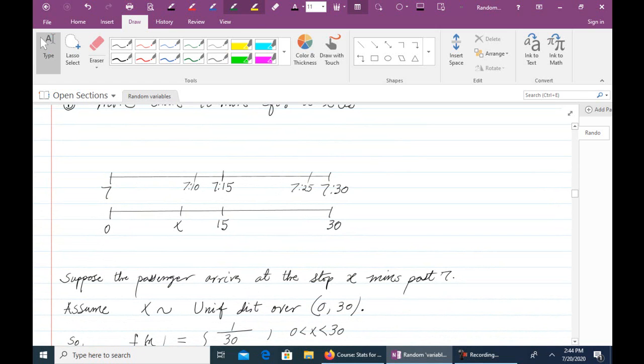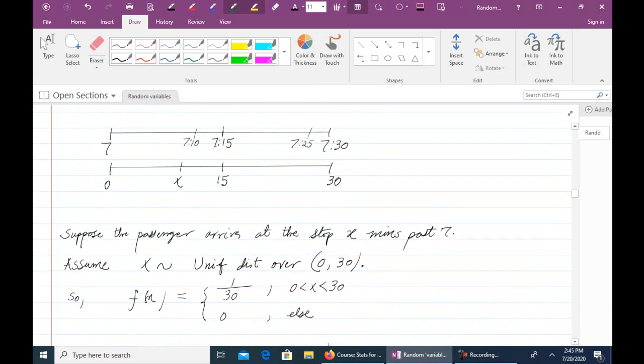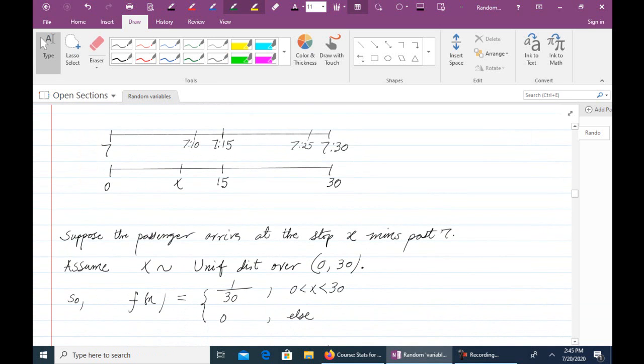In other words, we are assuming the passenger arrives at the stop X minutes past 7 a.m. Since X has uniform distribution over the interval from 0 to 30, its density f of x will be given by 1 over 30.